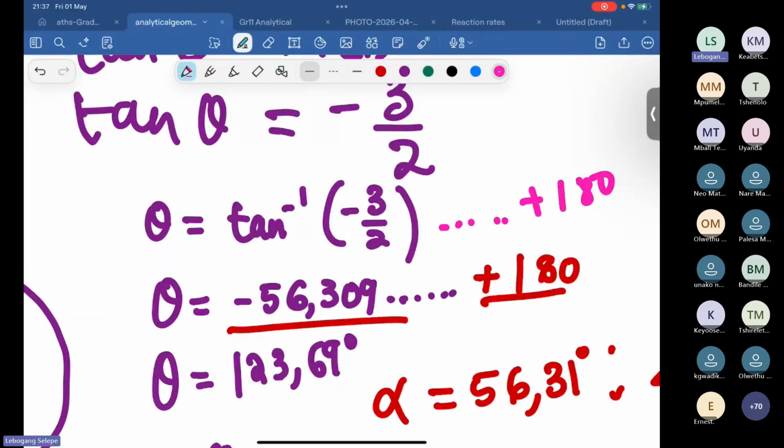But how are you going to know that you need to add 180? Write it like this initially. Then when you punch it on your calculator and find a negative value, just add 180 like this and continue your calculation. I don't think they would penalize you, but for formality and to make sure the maths is consistent and true, do it. Yes, someone has raised their hand.